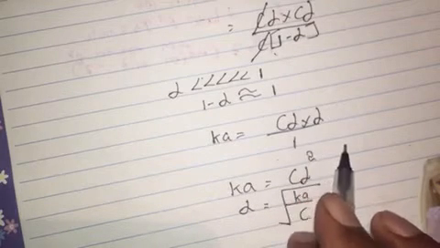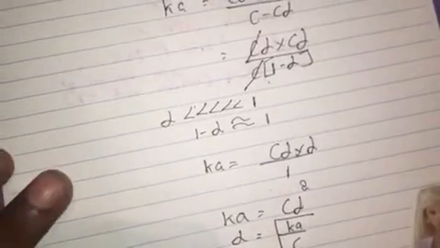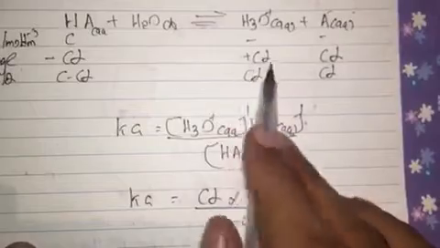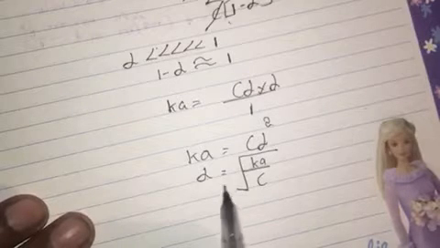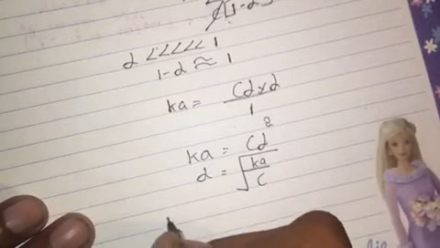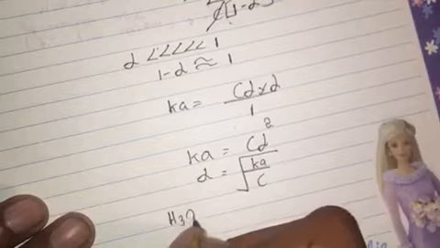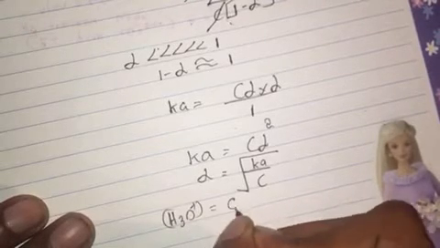Now if you want the equation for pH of a weak acid, we can use this alpha. We know [H3O plus] equals C alpha.